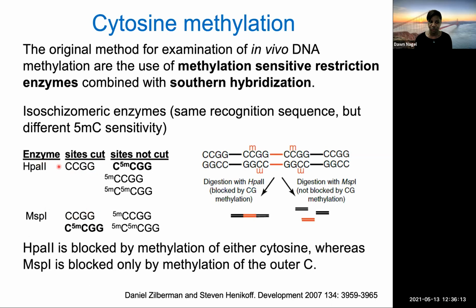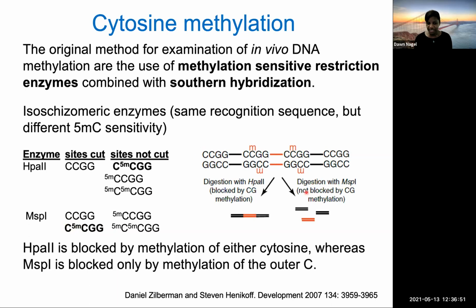However, HpaII will not cut if the inner cytosine is methylated or the outer cytosine is methylated. Either this cytosine or the outer cytosine, it doesn't matter, it will not cleave. MspI can cut an unmethylated site, but it can also cut a site if you have a methylation on this inner C. So the methylation only blocks MspI when the outer C is methylated.